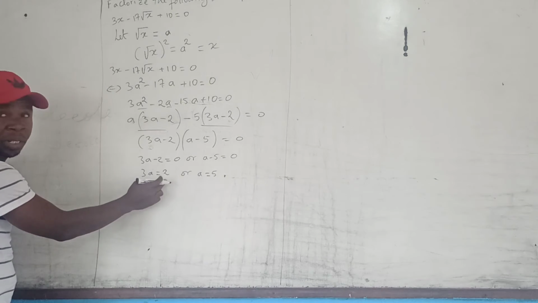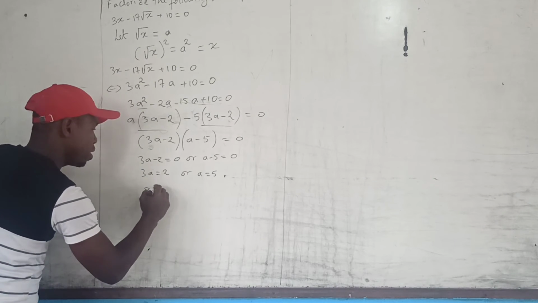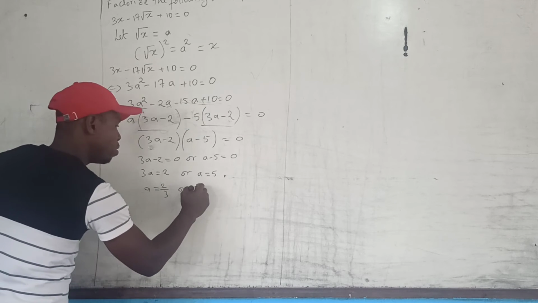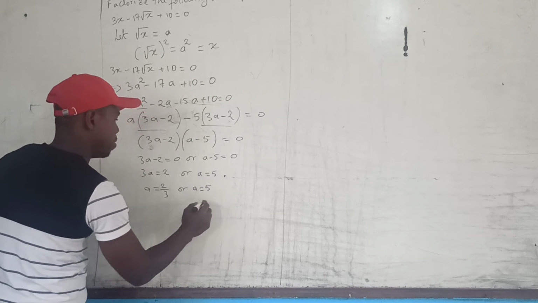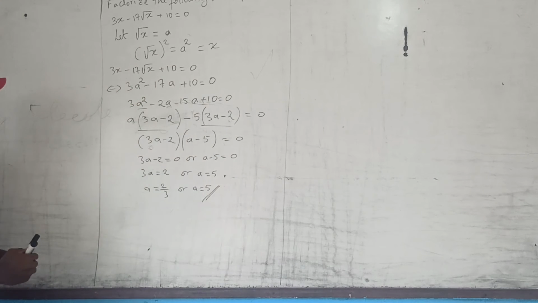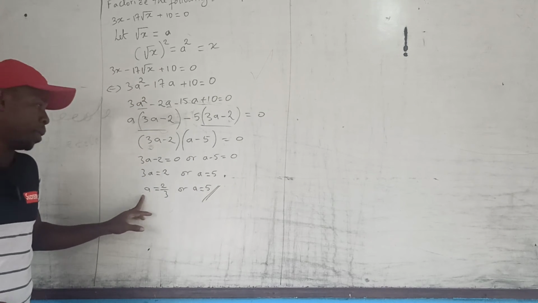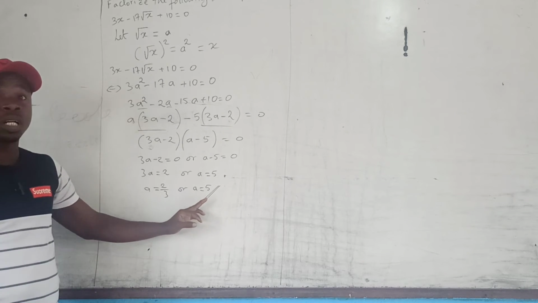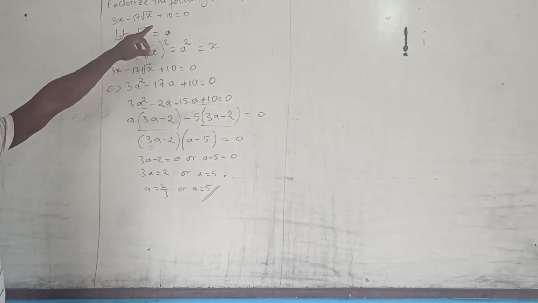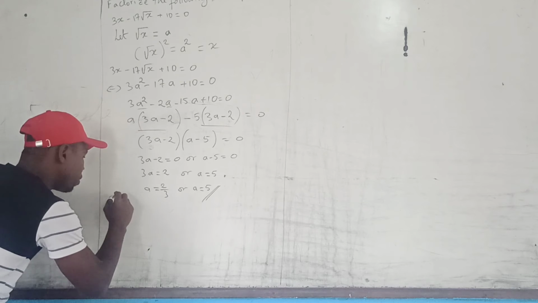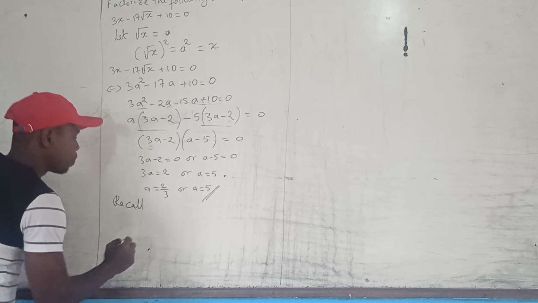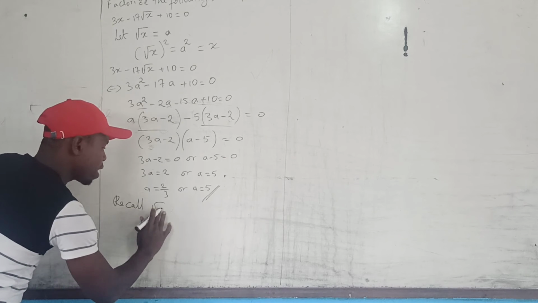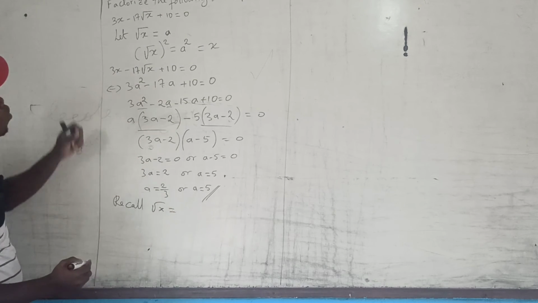Divide both sides by 3. Give us a is equal to 2 over 3, or a equal to 5. So you will now find your variable a, which is equal to either 2 over 3 or 5. You will not stop because you recall, square root of x was what?